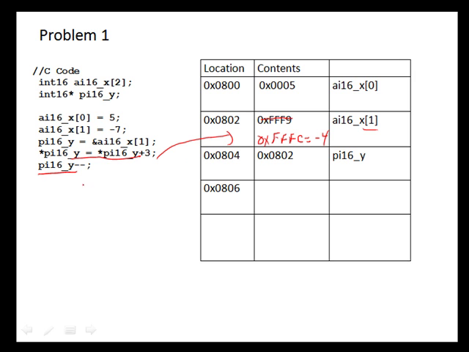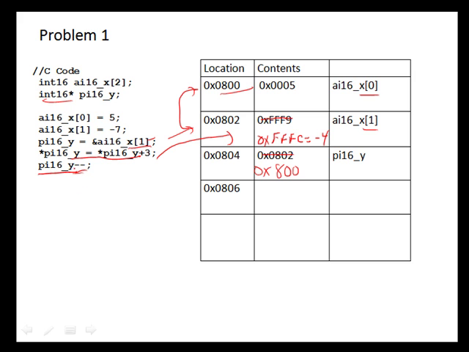We now need to do this pointer arithmetic here. We're decrementing the value of this pointer. There are 2 ways to reason about this. One way is to say, okay, this guy is pointing to a 16-bit element, and it's currently pointing at x of 1. When we decrement this pointer, we're going to point to the previous element in the array, because it's a decrement. So now we're going to point to x of 0. So this guy right here is going to change to the address of x of 0, which is going to be 800.